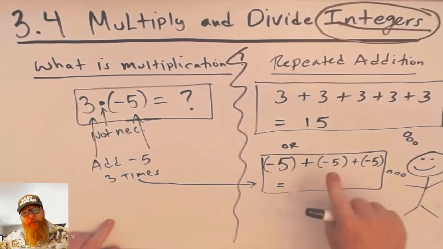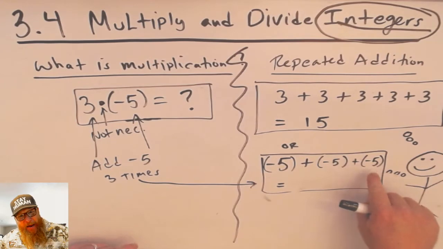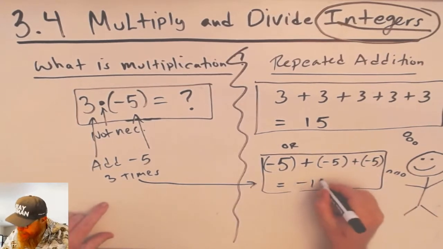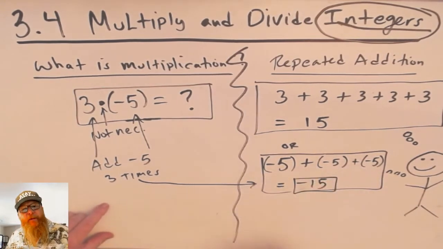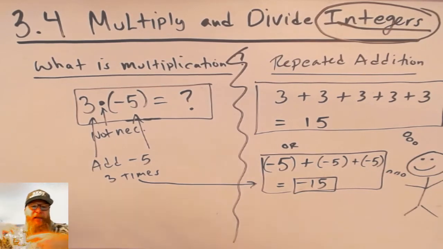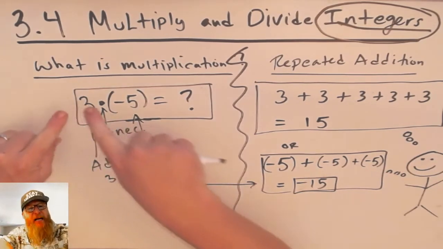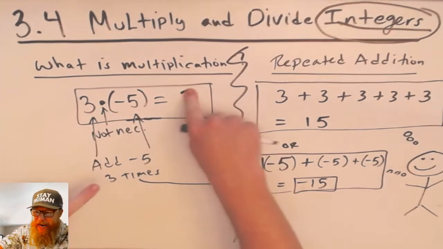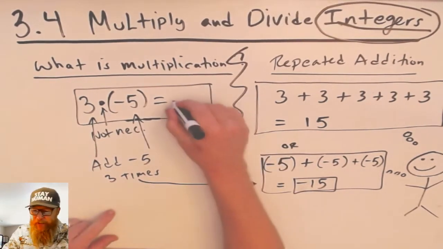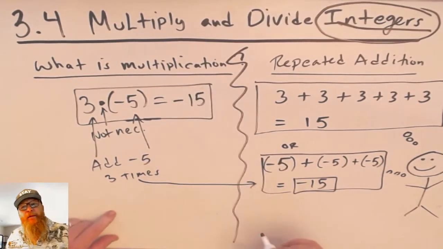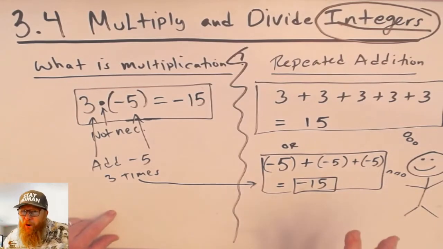So negative 5 plus negative 5 plus negative 5, if you added it 3 times, you would get negative 15. So we typically memorize this as a positive times a negative is a negative.